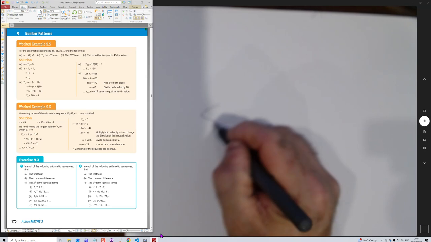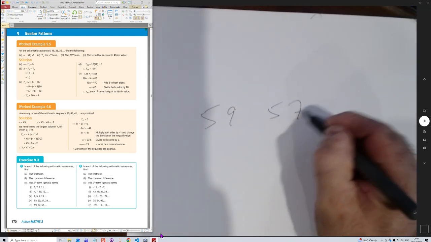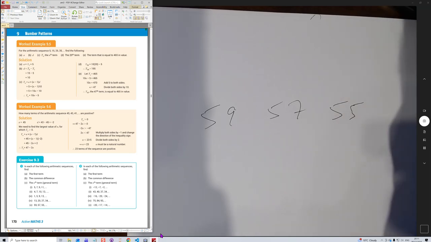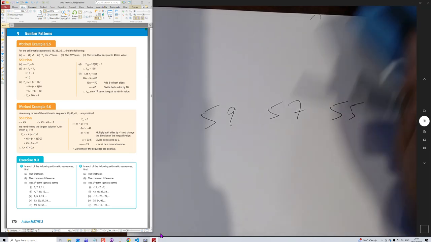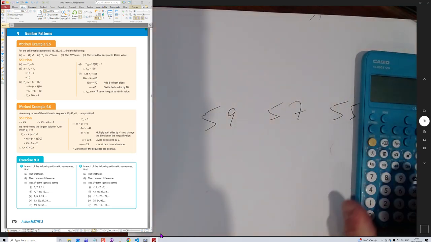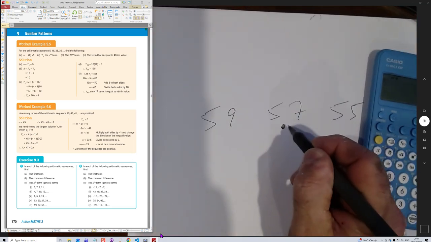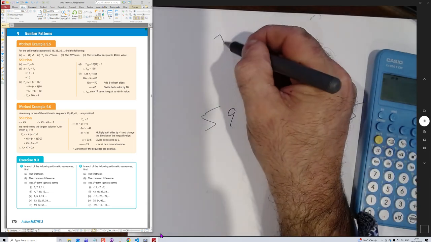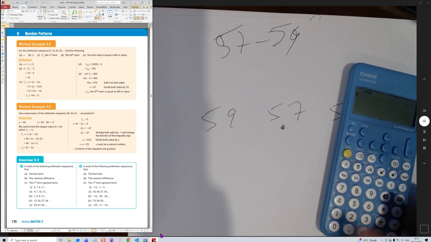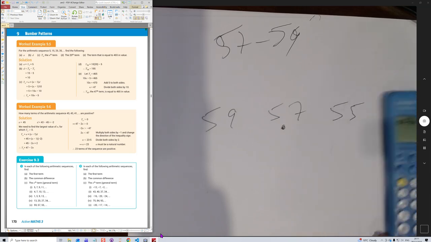Now a decreasing function, be very careful with these. I'm just going to take out my calculator and be extra careful about the subtraction I need to do. Okay, calculator on. We subtract it. So I'm doing 57 subtract 59. Negative 2.